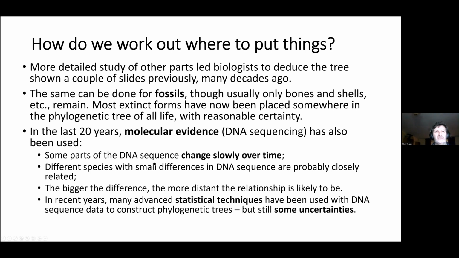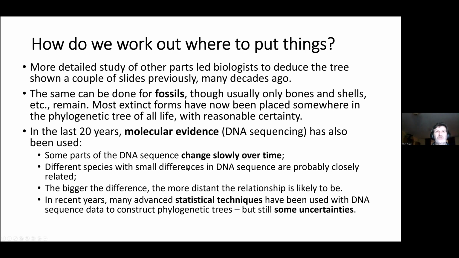Basically, the idea is that DNA sequences in organisms change slowly over time. And if they change enough, you get a divergence into a different species and eventually maybe a different type of organism altogether.